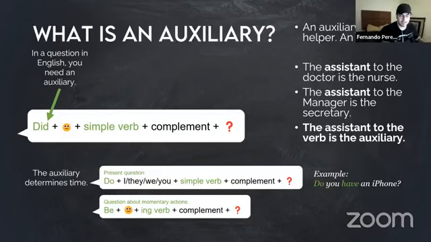If you are talking about the other, you need to change. Are you having dinner in this moment?